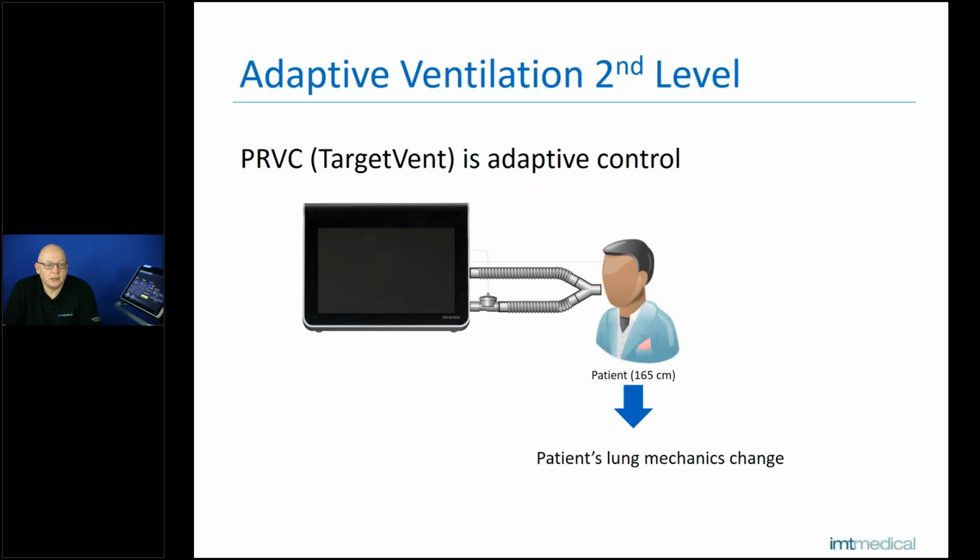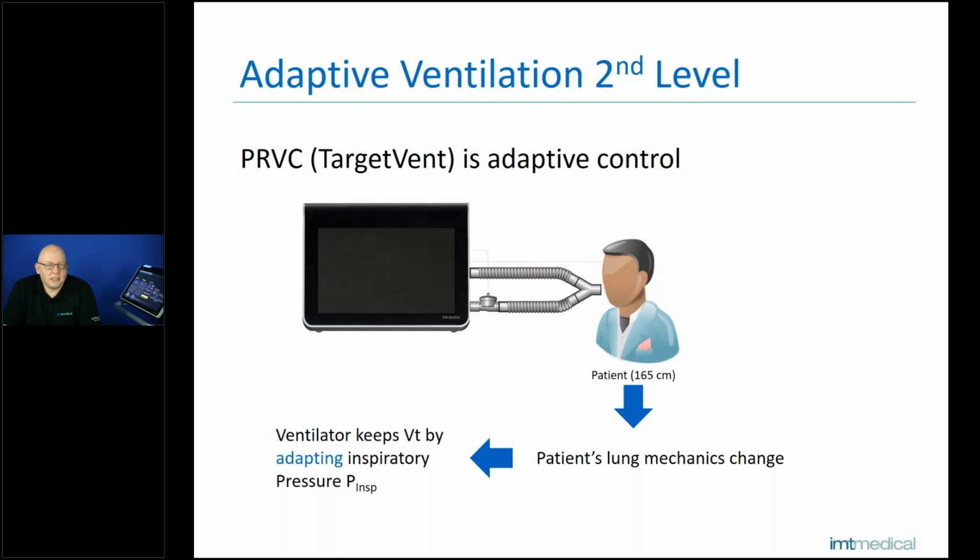The lung mechanics of the patient change, and the ventilator keeps the set tidal volume by adapting the inspiratory pressure. Whatever the patient is doing, however the patient is positioned, the inspiratory pressure changes while I'm still setting tidal volume and the respiratory rate. So there is just the adaptation of inspiratory pressure.